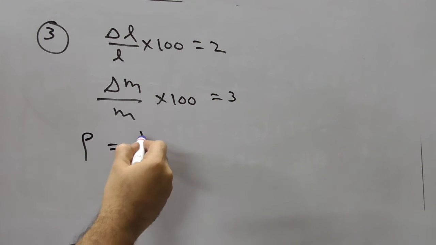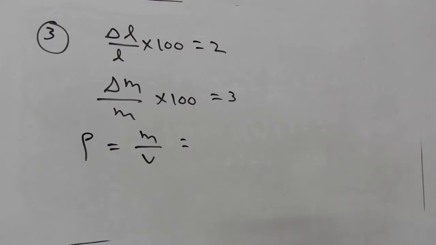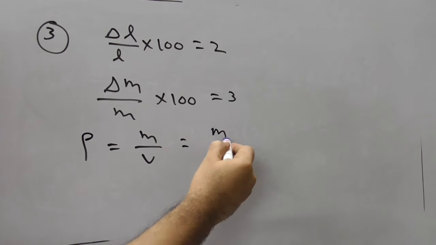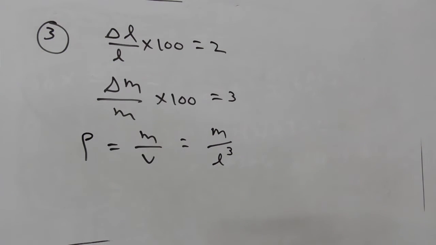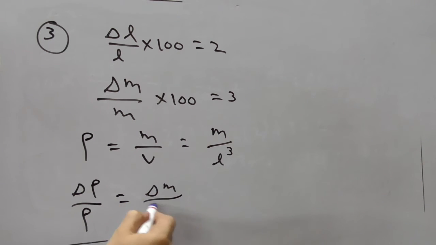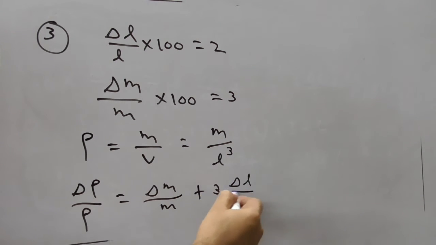Density rho is equal to M by V, V for volume. The volume of a cube can be written as L cube, right? So same procedure, delta rho by rho is equal to delta M by M plus 3 into delta L by L, right?